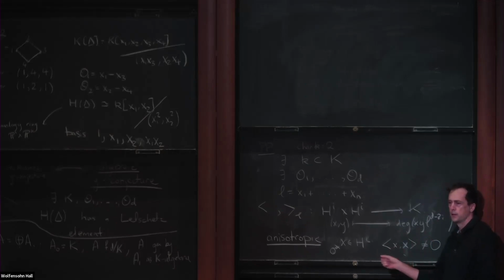You have definiteness on the primitive components of cohomology, but those are not the whole cohomology.